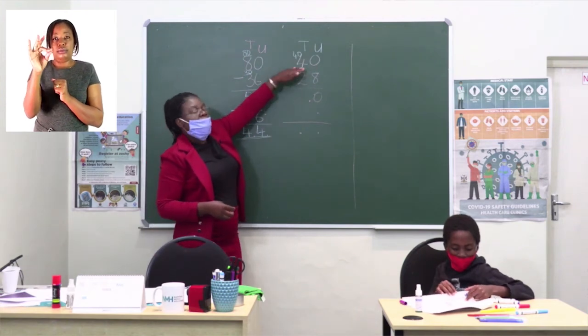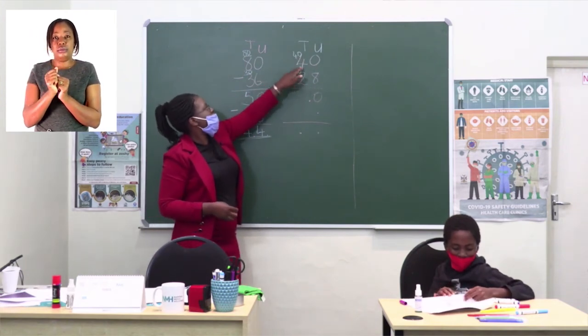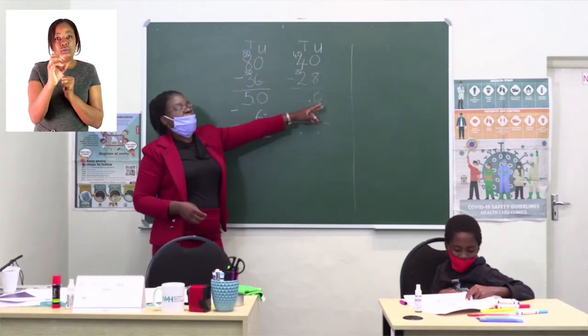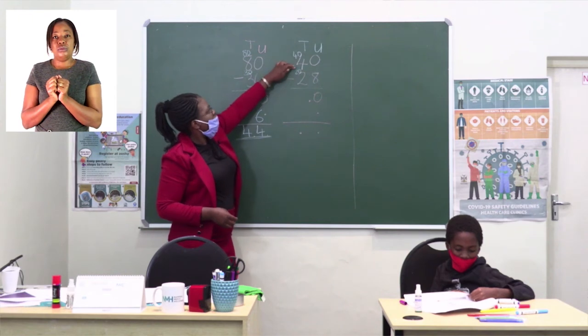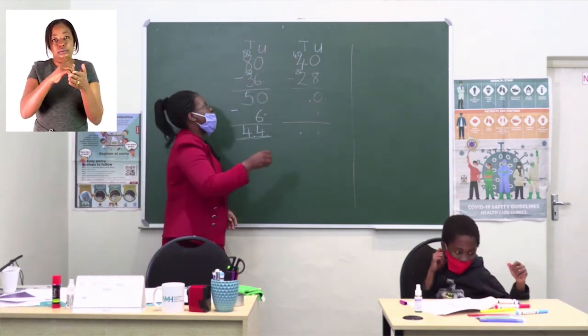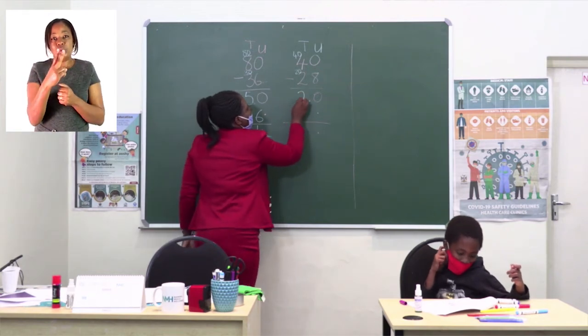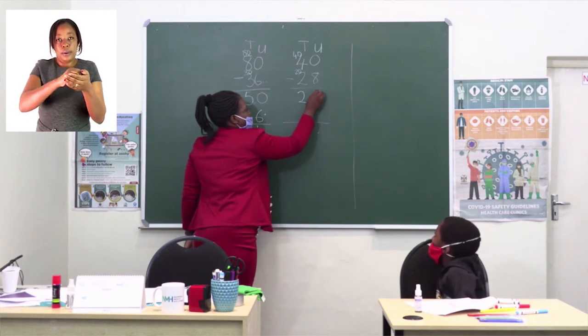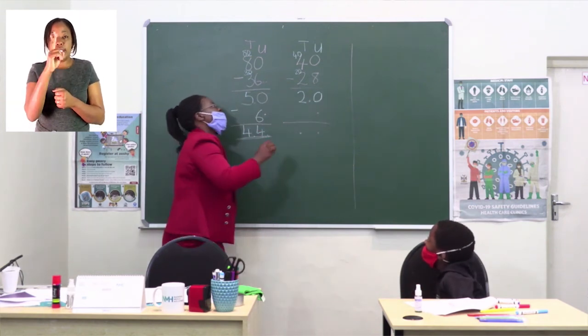So if now I have 40 and 20, there is a 0 and a 0, then that 0 just comes down there. And I'm remaining with a 4 and a 2. 4 minus 2 is what? Is a 2. Sorry, with that 0, it's 20.